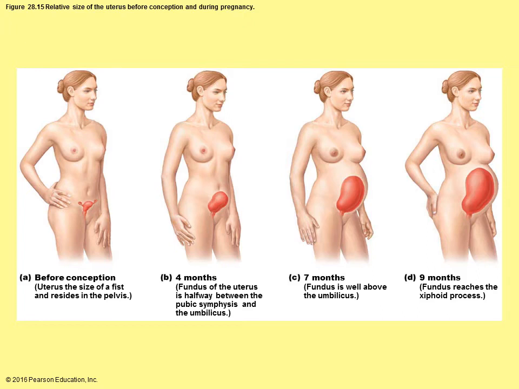At 4 months of the pregnancy, you can see that the uterus is having to increase in size to be able to accommodate the developing increased size of the fetus. By 7 months, the fundus, the top of the uterus, is above her umbilicus. And by 9 months, the fundus typically has reached the xiphoid process.